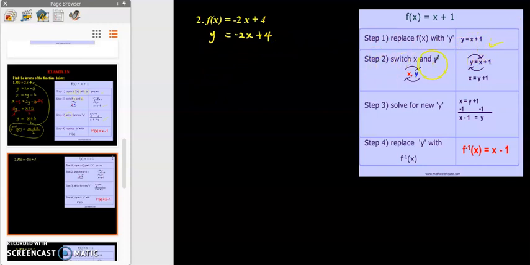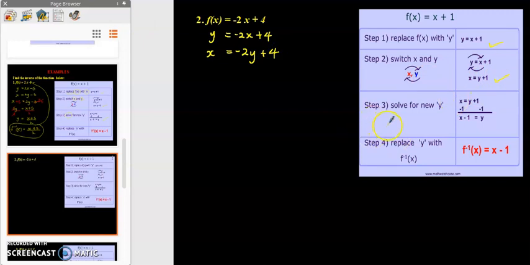Step 2. Switch x and y. When you switch something, you put one in the space the other was in, and put that one in this space. So this would be x equals minus 2y plus 4. So we switch them around, and this step is covered as well.